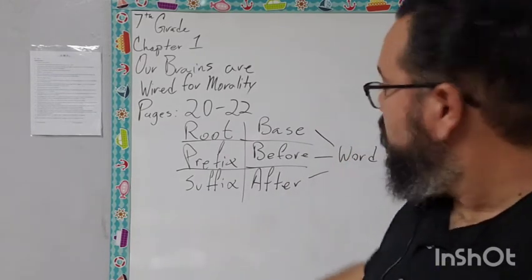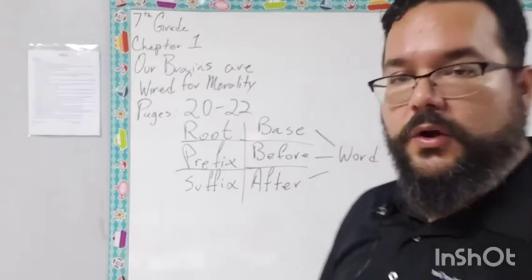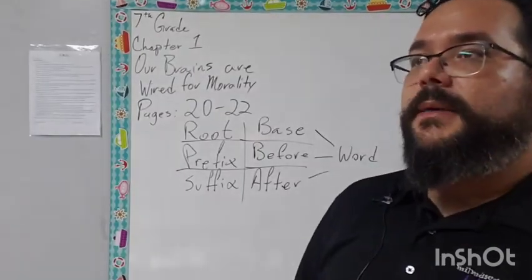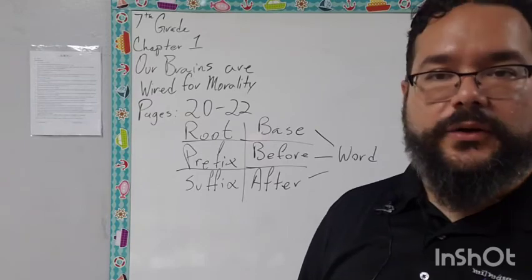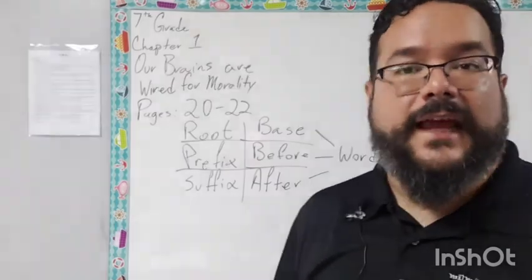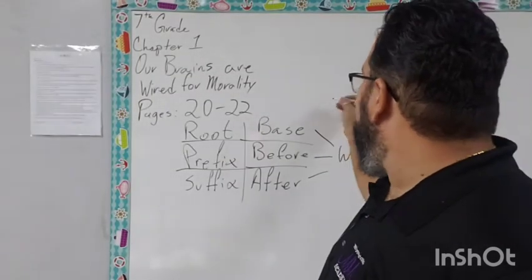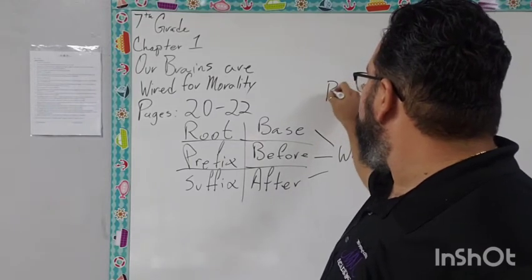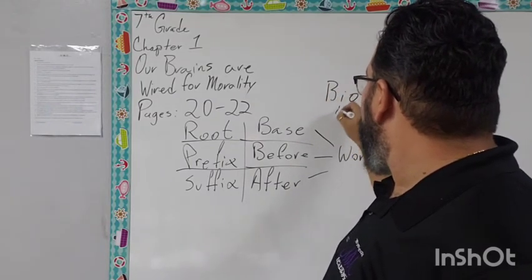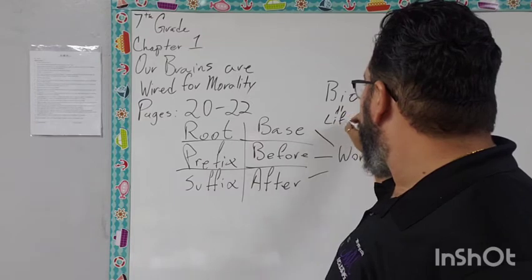What do I mean by this? Well, you have the root word, a word like bio, right? Bio means life. So that's the basic of a word. That's bio. This comes from the Greek that means life.